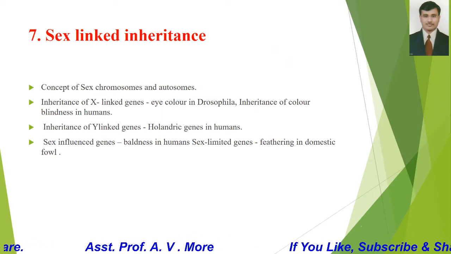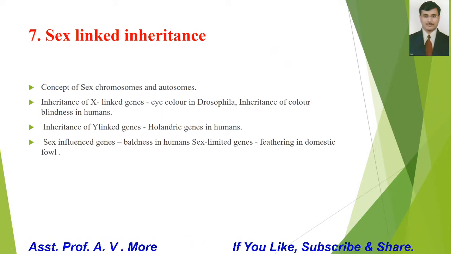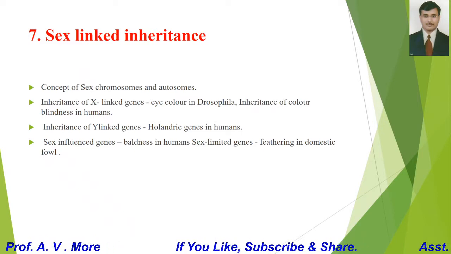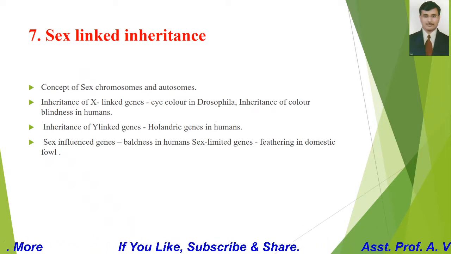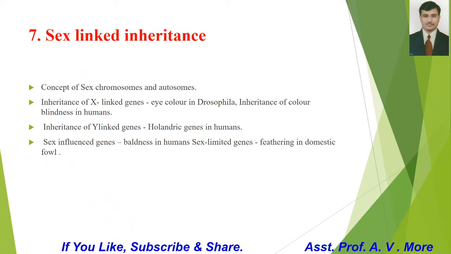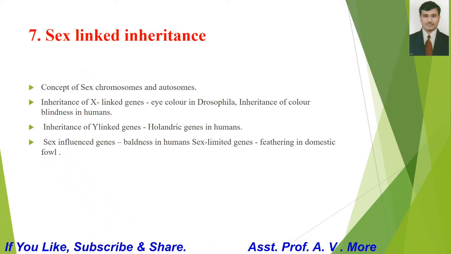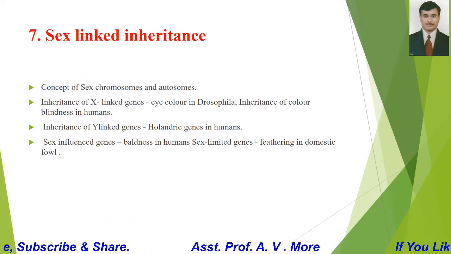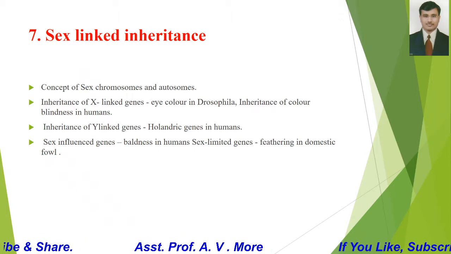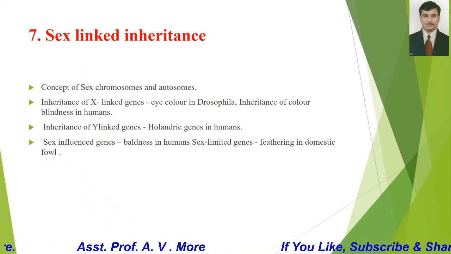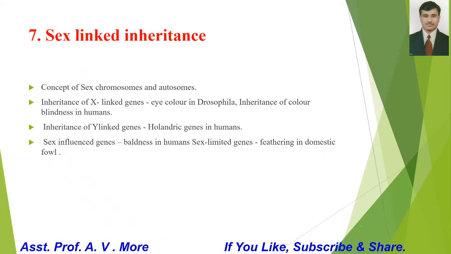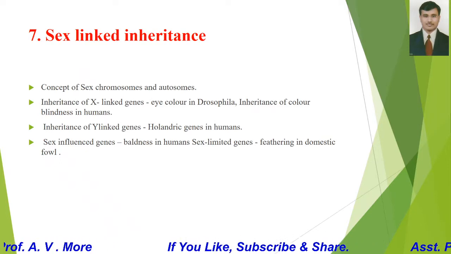Next unit, that is unit number 7, sex linked inheritance. In that unit we have to study the concept of sex chromosomes and autosomes, inheritance of X-linked genes, that is eye color in Drosophila, and inheritance of color blindness in humans. Next one, inheritance of Y-linked genes.